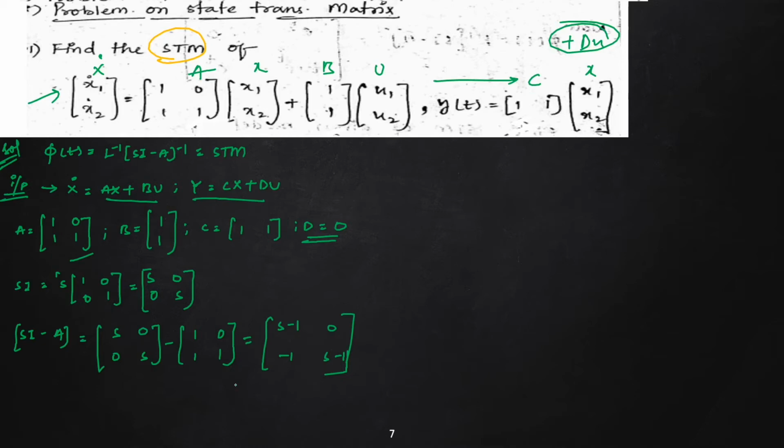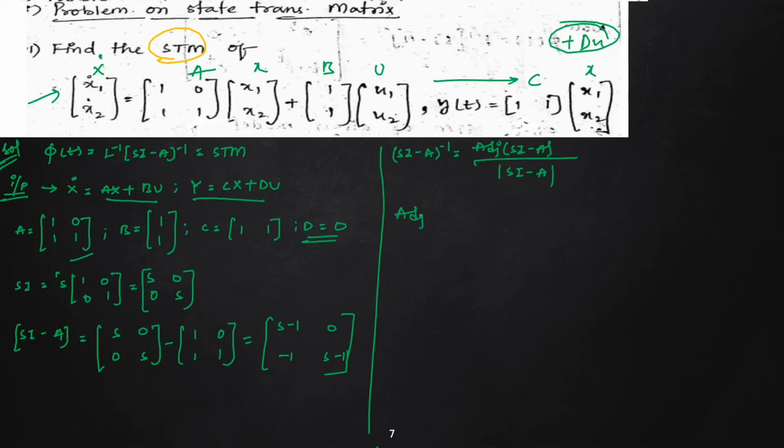Now in order to calculate the inverse of any matrix, that is (sI minus A) whole inverse, we need to calculate the adjoint of the same matrix, sI minus A. Then we need to divide that adjoint matrix by the determinant of sI minus A. Then we will get the inverse of the matrix.